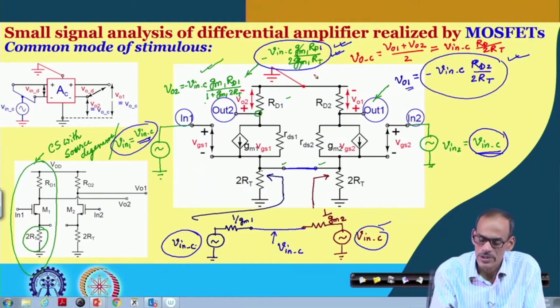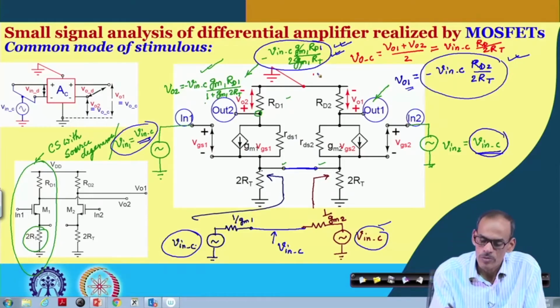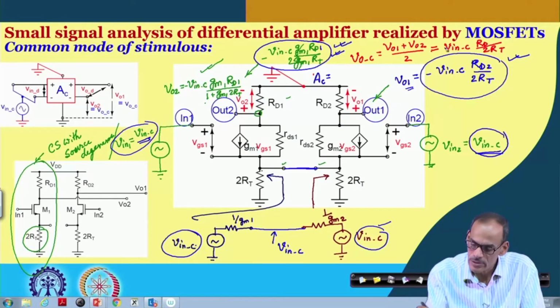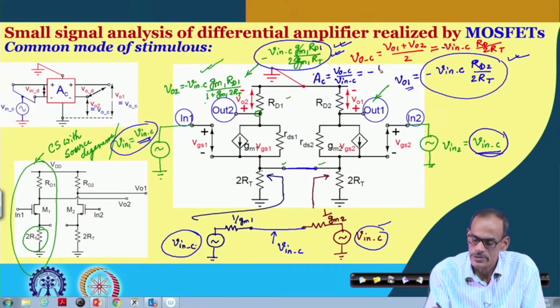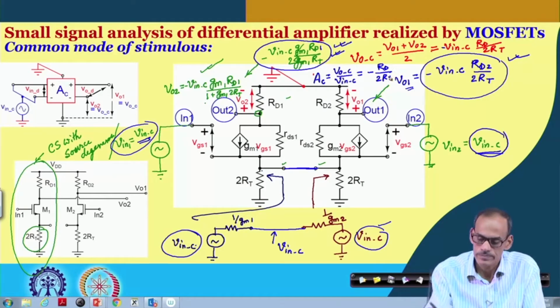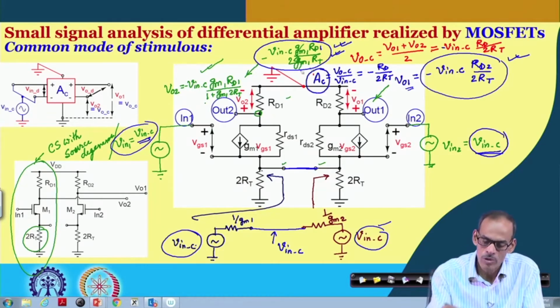In fact, that gives us the common mode gain AC, of course with a minus sign, defined as VOC divided by V in C equals minus RD by 2 RT. Okay, so that is the common mode gain.